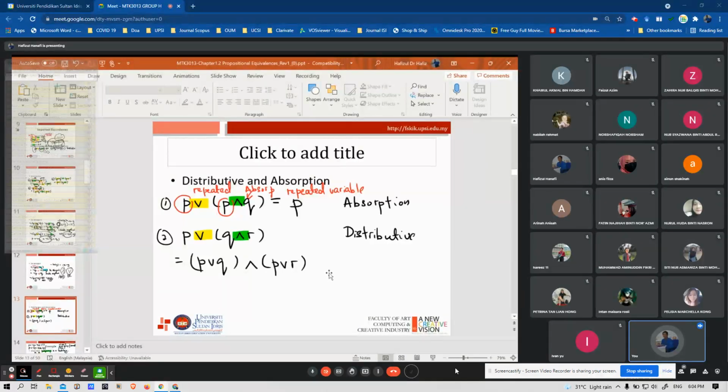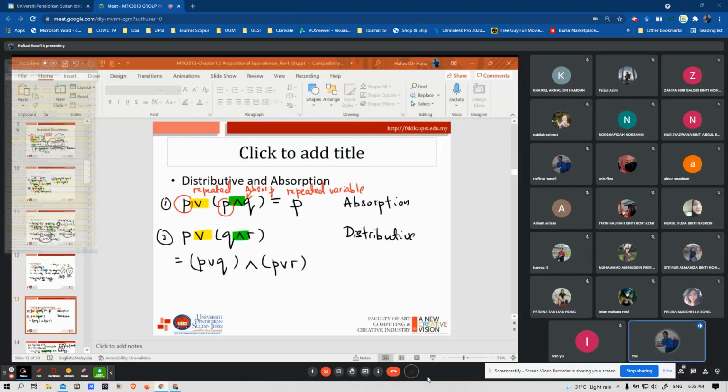Okay, this one distributive and absorption. Absorption and distributive I explained to you. Again, absorption is a valid argument form and rule of inference of propositional logic.